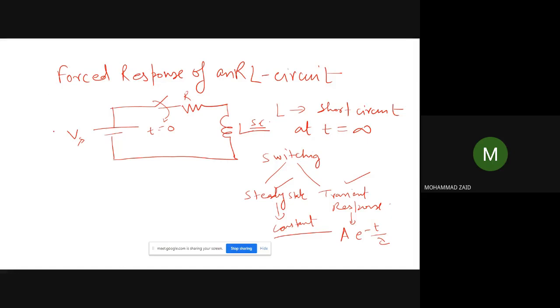So transient response and steady state response. Now we need to find the expression for the current i(t) in this circuit.